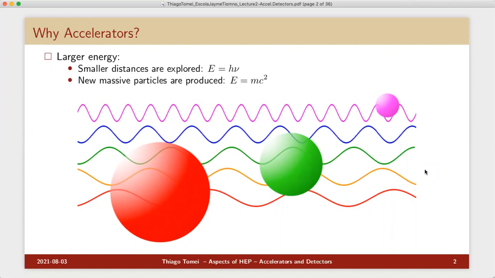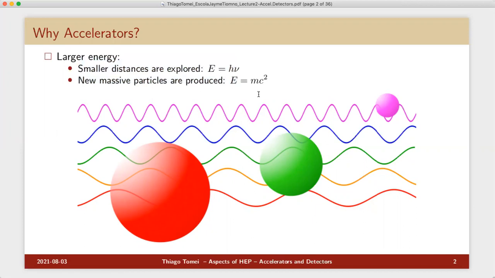And usually that's X-rays. So here it is more or less the same idea. You can explore smaller distances if you go to higher energies, so we can go and look inside the proton.